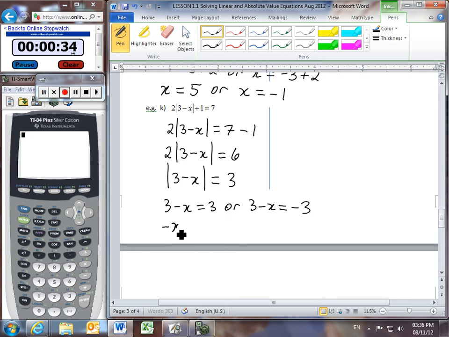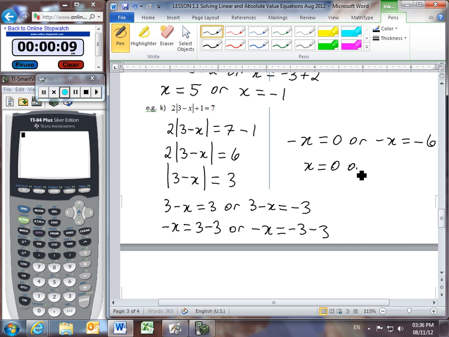So I'll leave my linear term on the left, and I'll bring my constant term over to the right. Same thing here. And then we find that we've got the 2 solutions. I've got negative x is equal to 0, or negative x equals negative 6. And that yields the 2 solutions, x equals 0 or x equals 6.